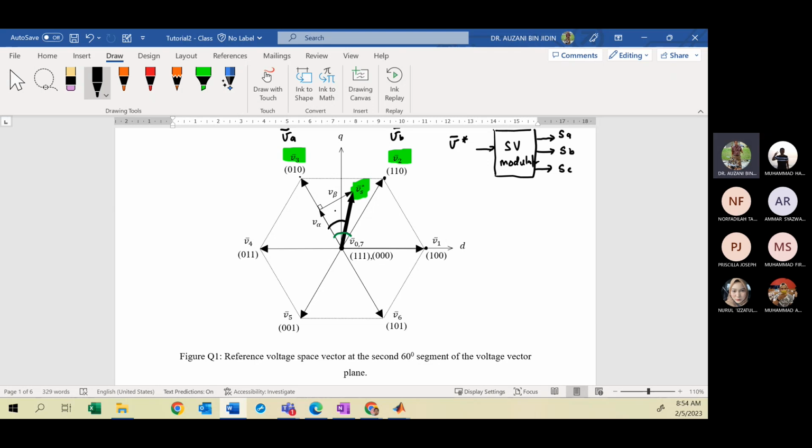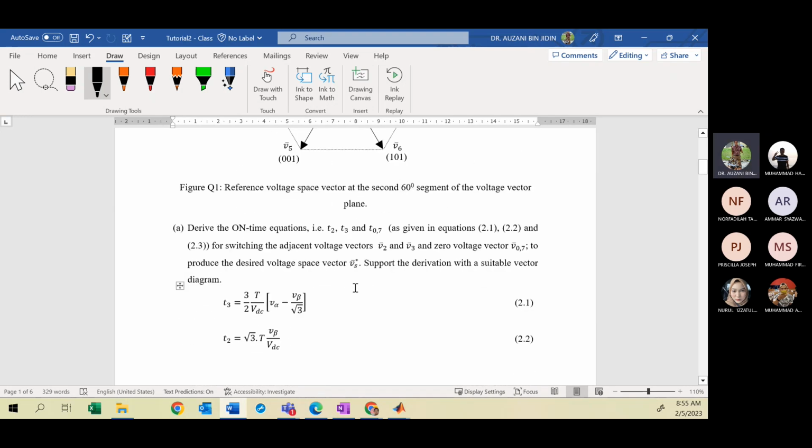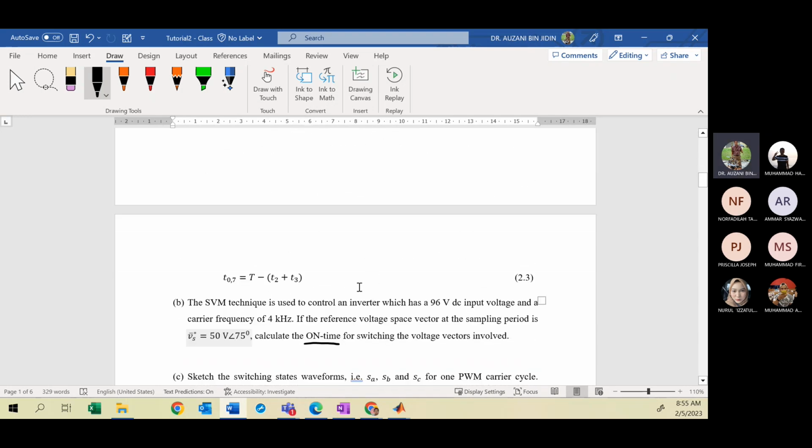Remember, VA is the first vector to be selected, and VA must be in line with the alpha axis, real axis. So information given is VS, where the magnitude value is 50 volt. Angle is 75.